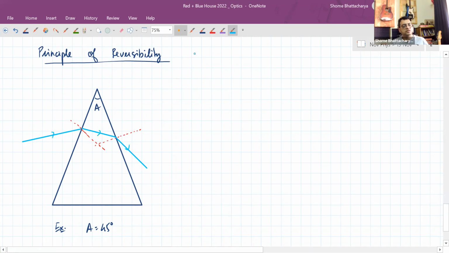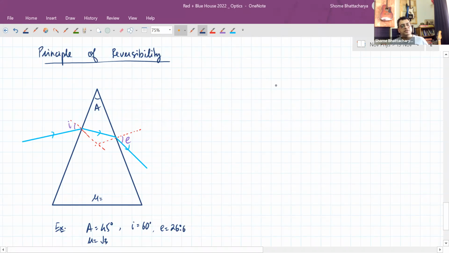If we took the angle of incidence as 60 degrees, we got the angle of emergence as 26.6 degrees.